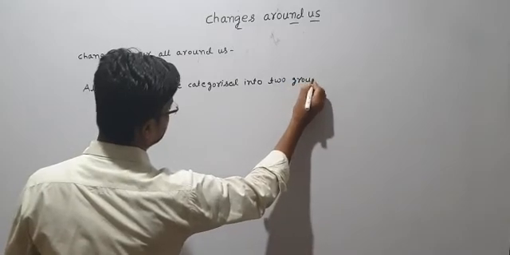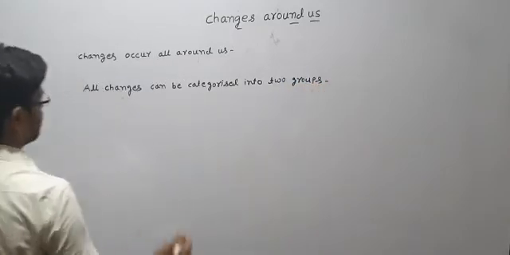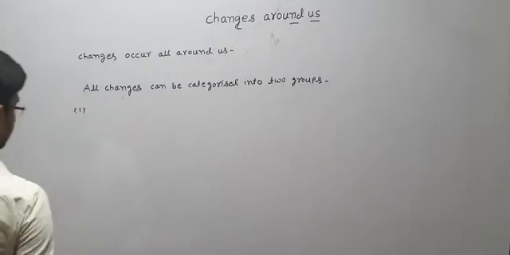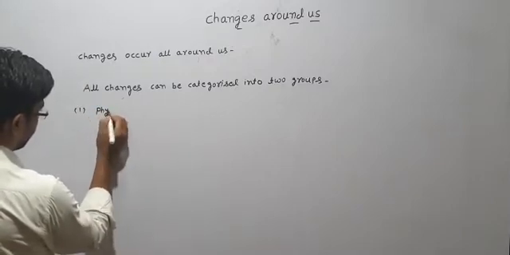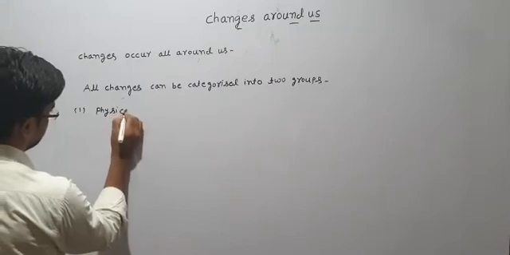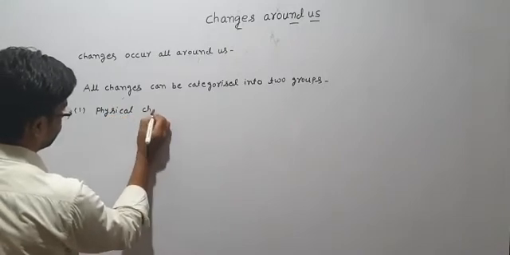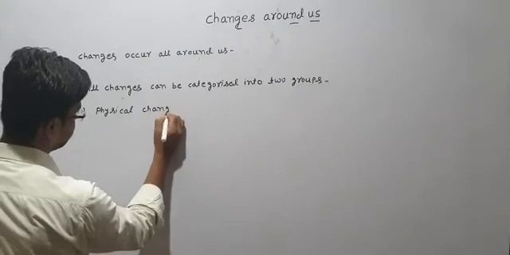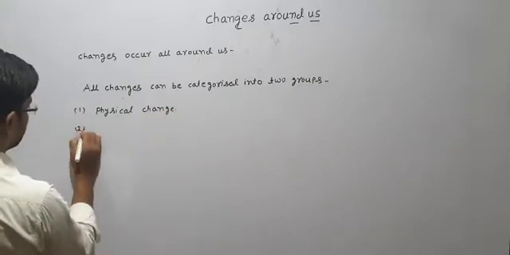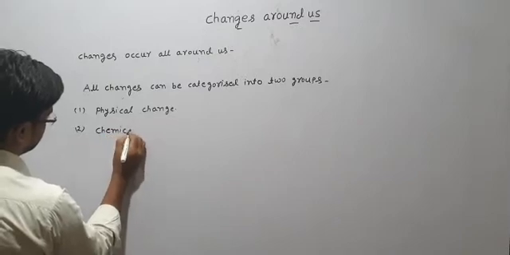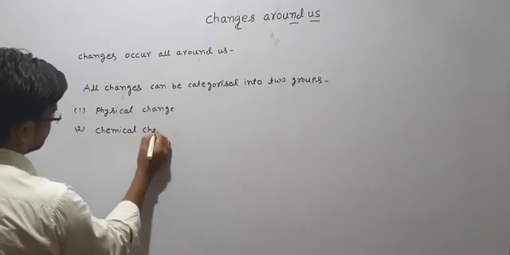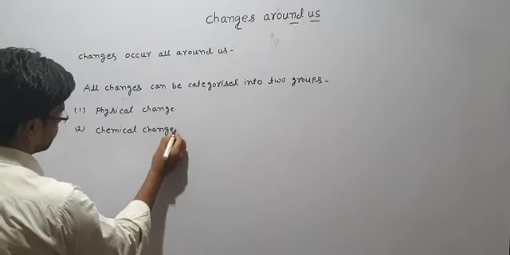All changes can be categorized into two groups. Okay, what are two groups? You see, first one is physical change and second one is chemical change. Physical change and chemical change.